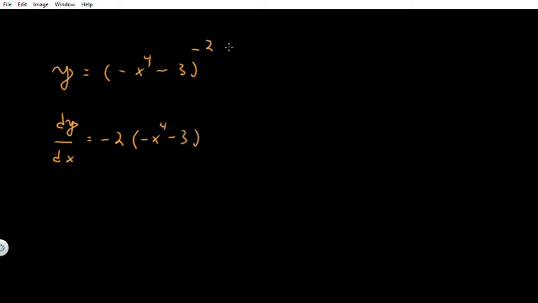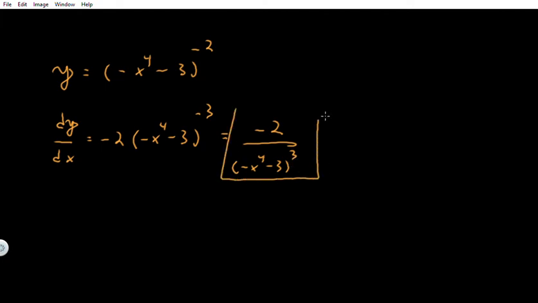Minus 2 minus 1 gives you a minus 3. And this becomes negative 2 over negative x to the fourth minus 3 cubed. And that's your derivative with respect to x.